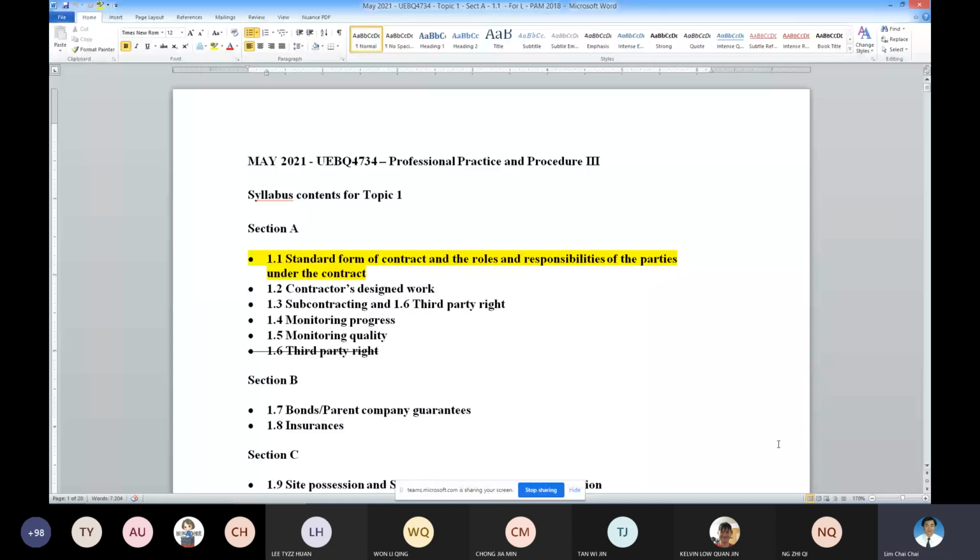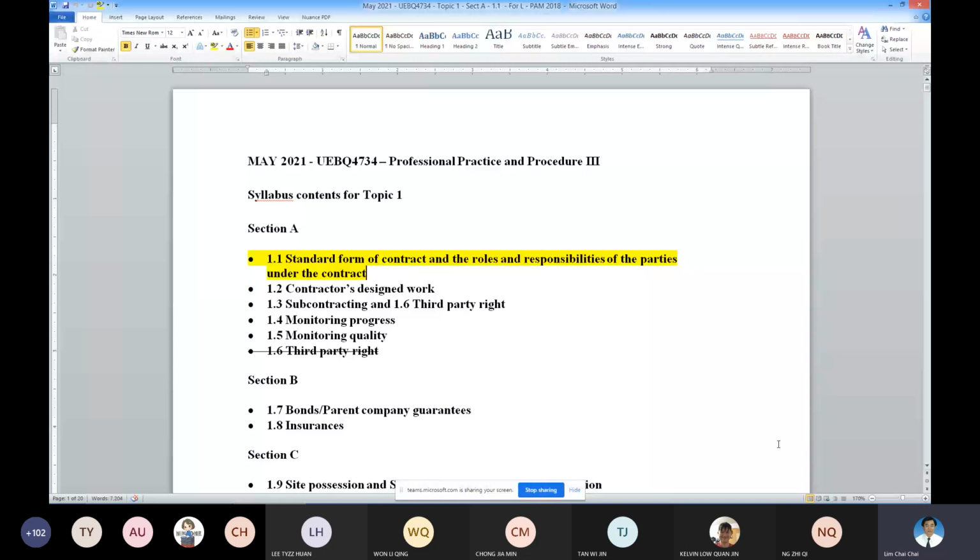Okay, so basically for these subjects, you need a good background of your basic contract, which I think you cover in your year 1, and then in your year 2 or could be year 3, you're studying the construction law.